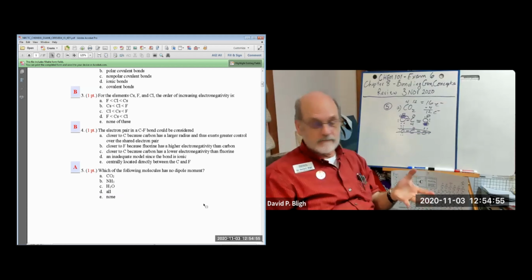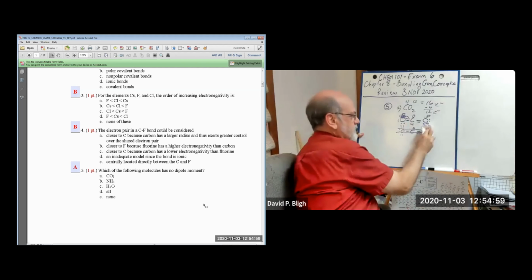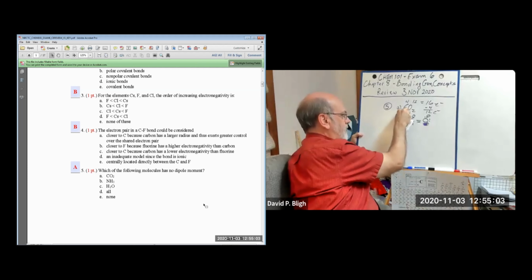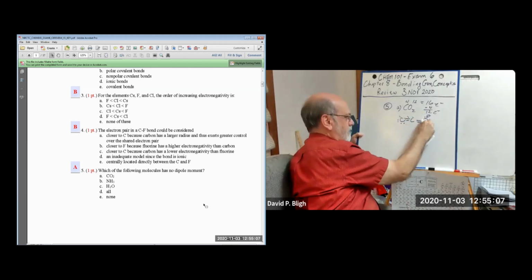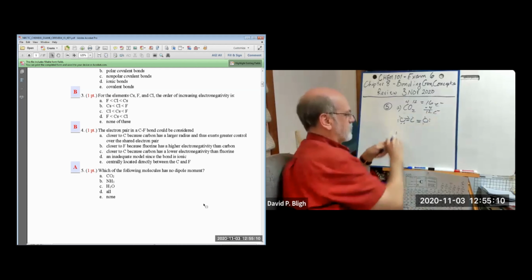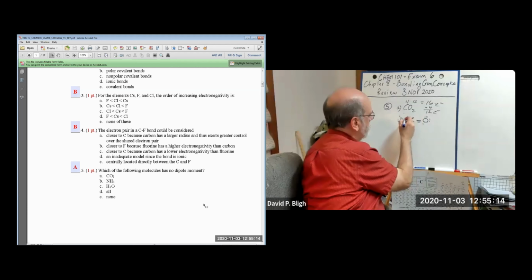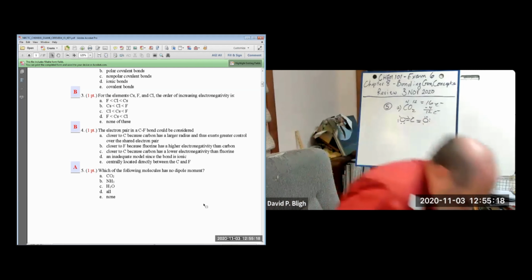Now we have to look at, well, let's get rid of some of the junk. Okay. There we go. Now, there's our molecule.